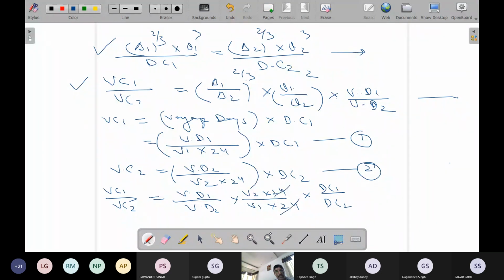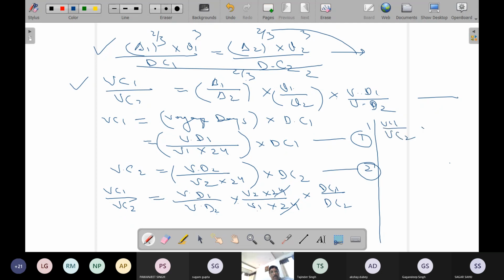24 cancels out. Correct? So what I have is voyage distance 1 over voyage distance 2 into V2 by V1 into DC1 by DC2. DC1 by DC2 from this equation I can write. So let me write here. VC1 over VC2 is equal to, this part I am just not writing at the moment, I am only writing this part into DC1 by DC2.